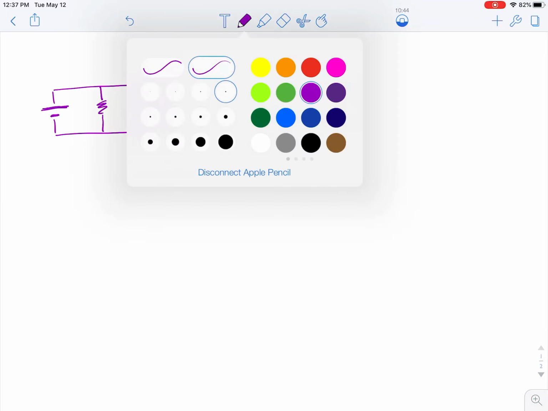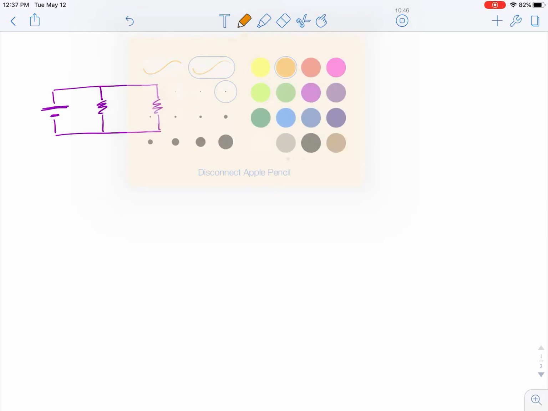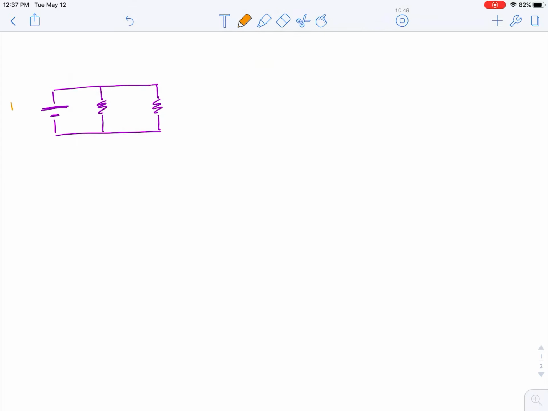Okay, so first let's start off with talking about our current once again. Our current, remember, is the flow of electrons. So all of our electrons are going to come out of this battery. They're going to flow down this wire. But because this is wired a little differently, our electrons now have to split up in order to power the entire device.